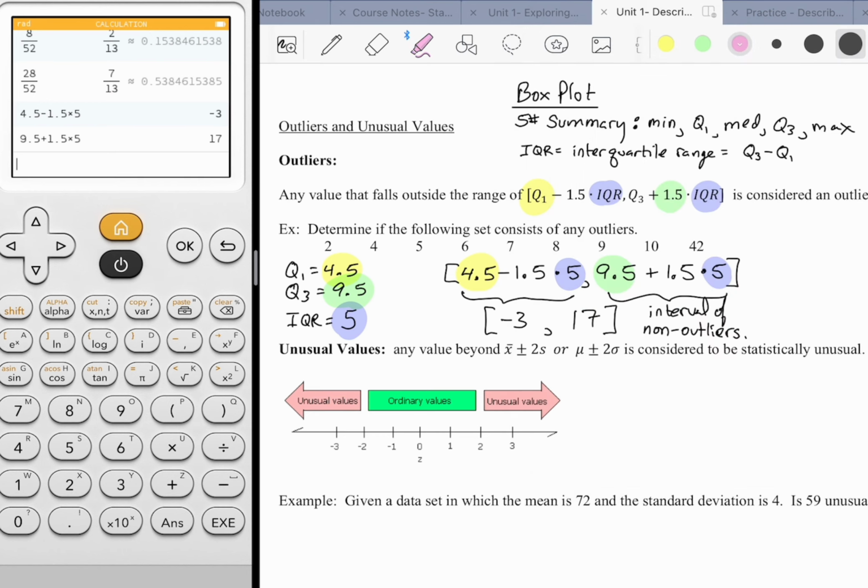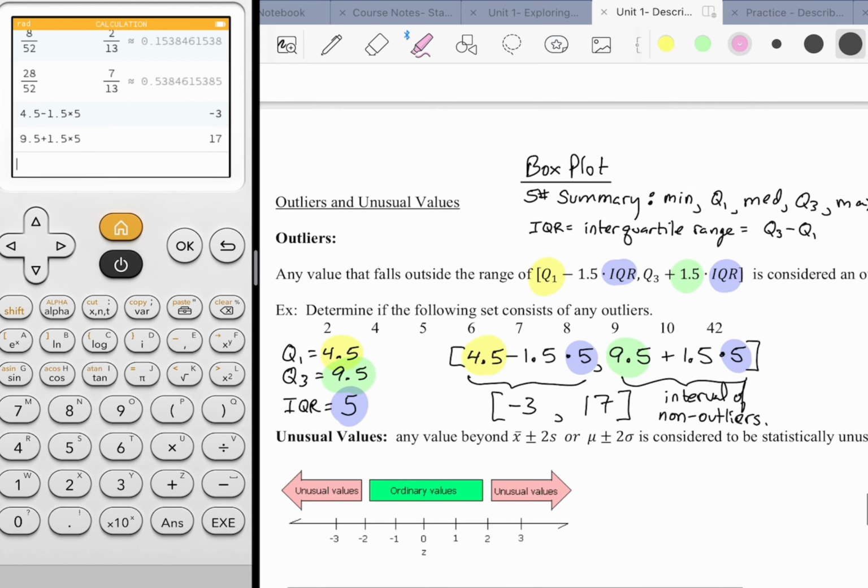So I look at the 2, that's definitely between. If you're looking at a number line, I'll just do a quick one up here. You got -3, I'll put 0 over here, and 17 somewhere way out here. I'm looking for any number that falls outside of this interval.